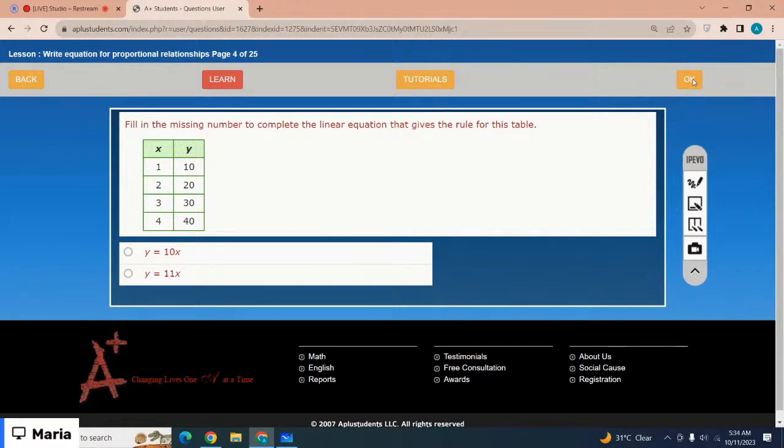Very good. So the equation is y equals 10x. The correct option is y equals 10x.